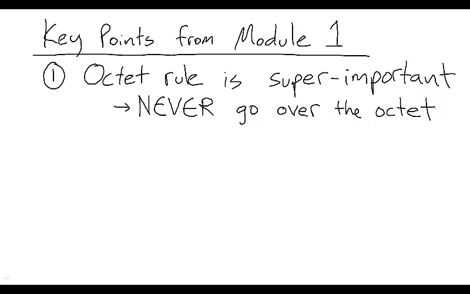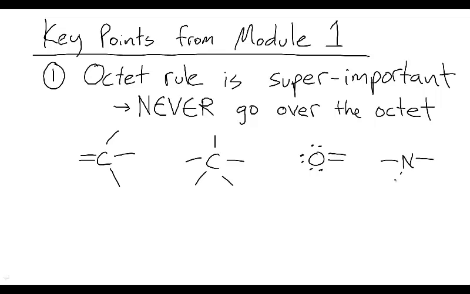So these things, like carbon with 5 bonds, or oxygen with 2 bonds and 3 lone pairs, or nitrogen with 4 bonds and a lone pair. These are all big, big no-nos.